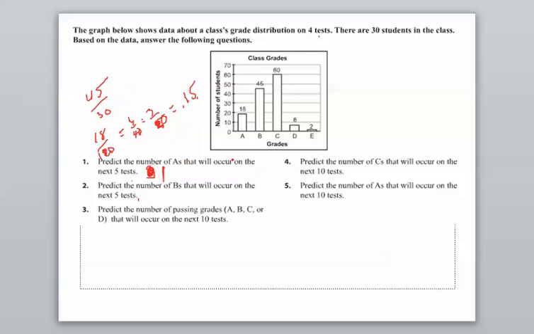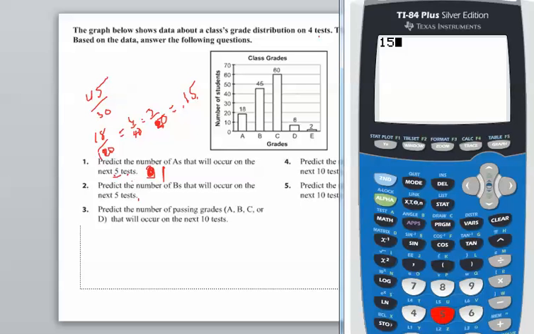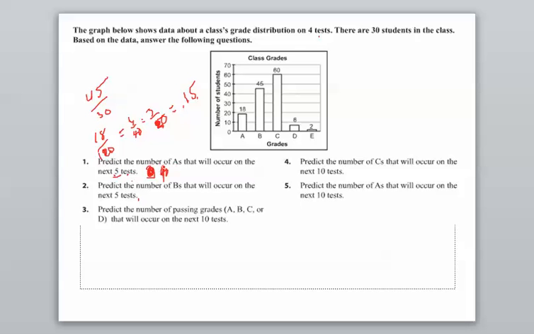The number of A's that will occur in the next 5 tests, well, 5 tests that they take, that'd be 150. So 150 tests times 0.15 would give you 22.5. So they would have between 22 and 23 A's.